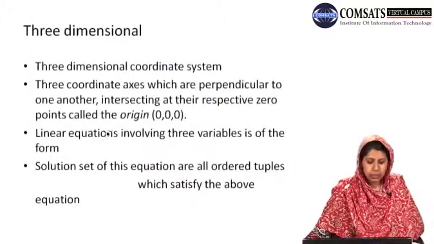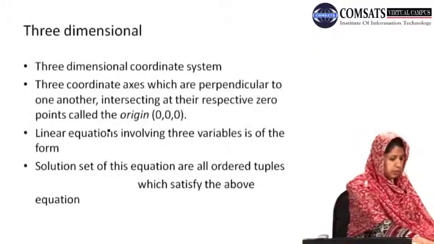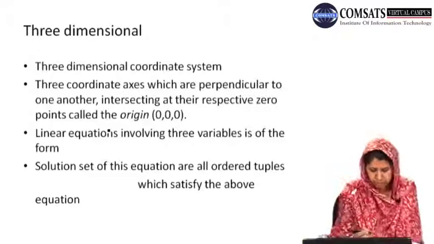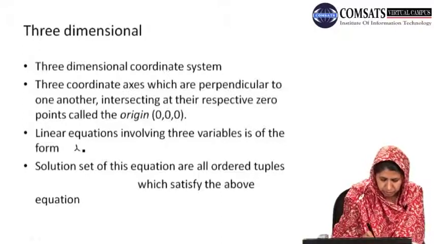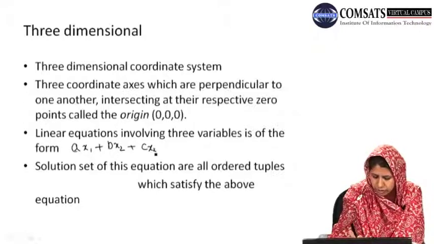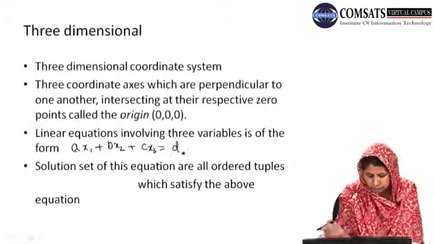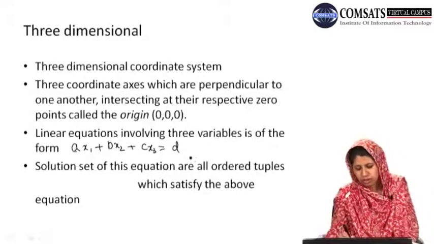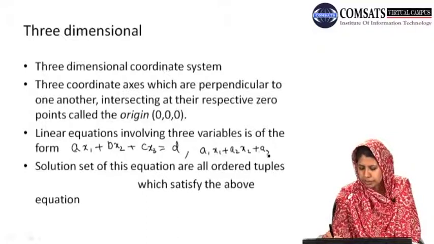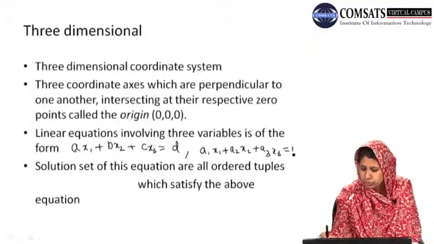Now the linear equation involving three variables will be of the form ax1 plus bx2 plus cx3 is equal to, let's say, d, or a1x1 plus a2x2 plus a3x3 is equal to b.